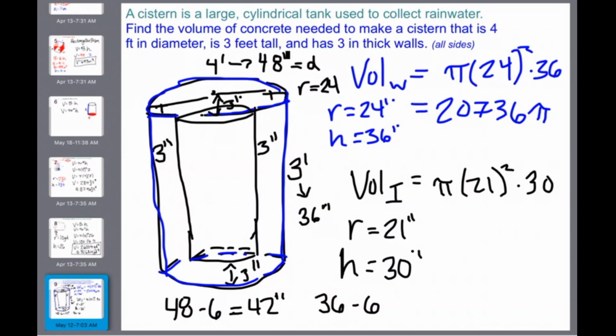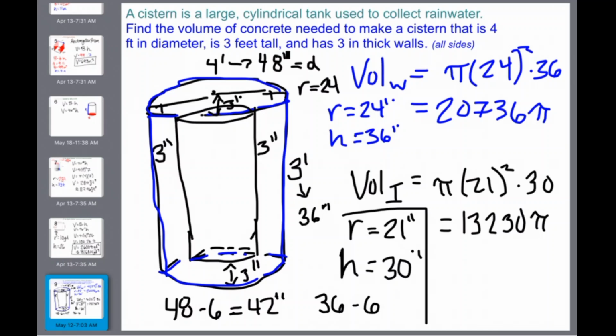If we calculate that, our volume on the inside is going to give us 13,230 pi.